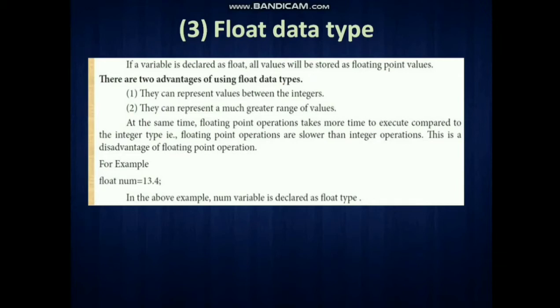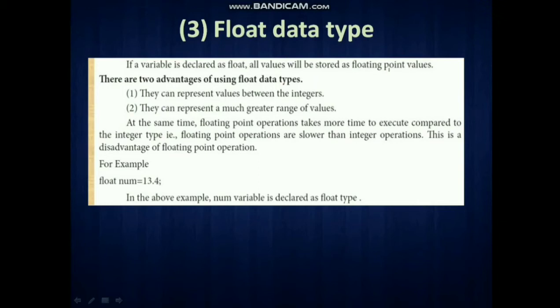Okay, see here the example. For example, float accepts storing fraction values. Fraction value means point values. Okay, like 13.4, or 98.6, like that. That is a fractional value, that is called a fraction value. Float is the data type. num is a variable name equal to 13.4.